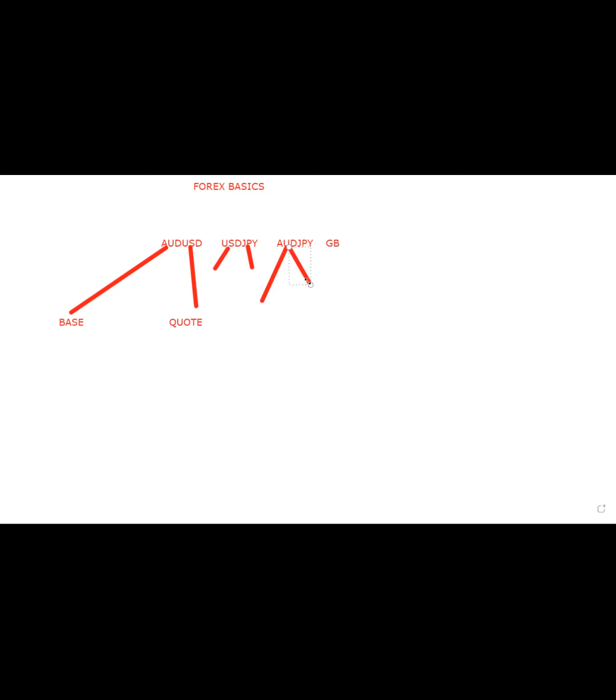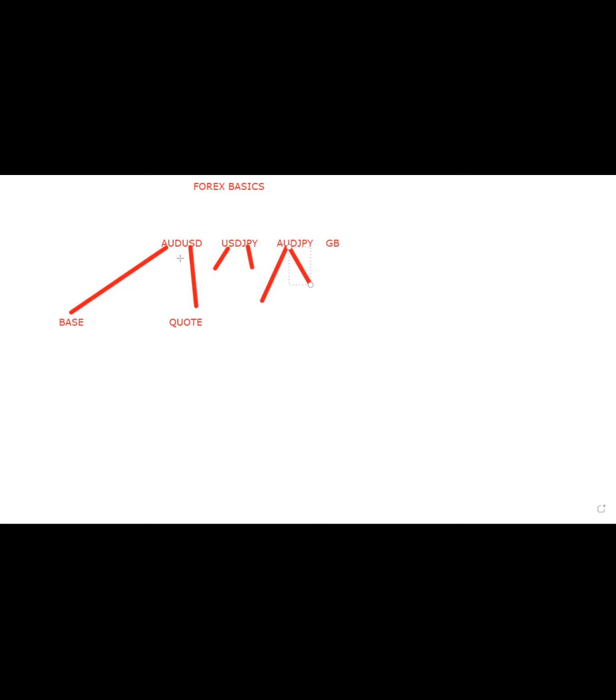Now, since all we are going to be doing is buying and selling, how do I know what to buy and which one I should be selling? The first principle is that whenever the base currency is stronger, you buy. And whenever the quote is stronger than the base, you sell.